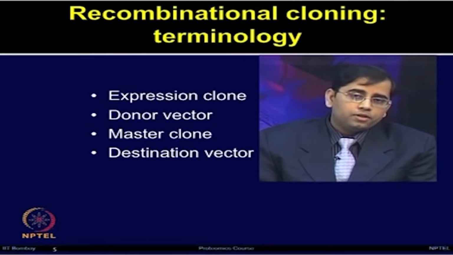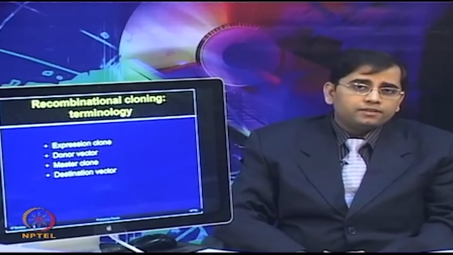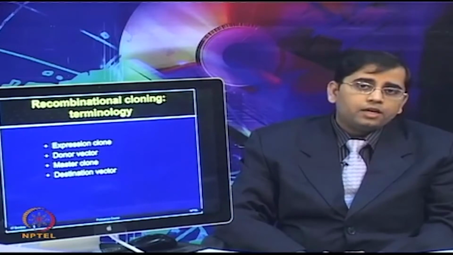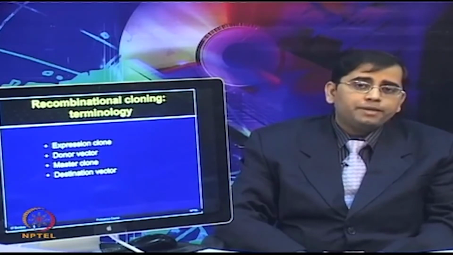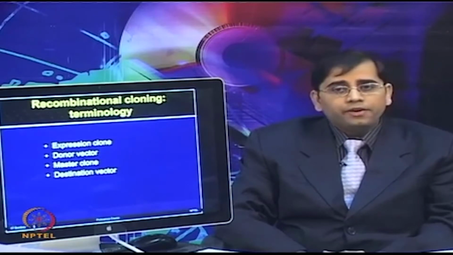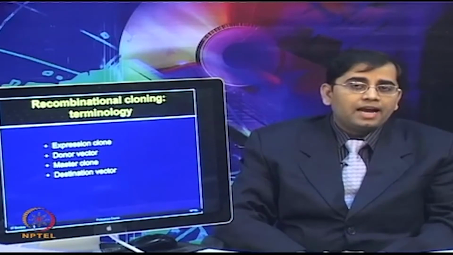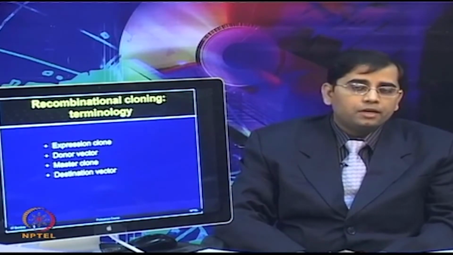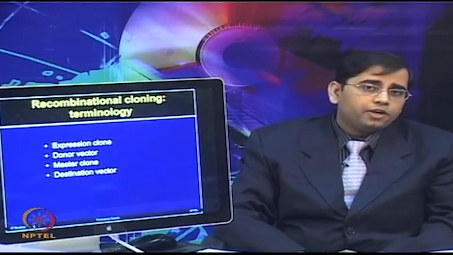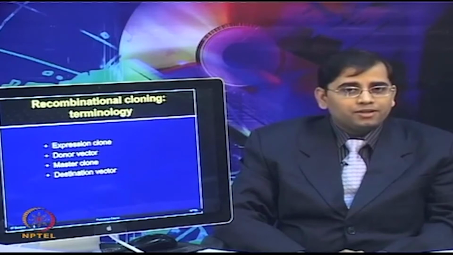Now, let us talk about the donor vector. The donor vector consists of a counter-selectable gene which is flanked by att P sites, which recombines with the gene of interest flanked by att B sites in the BP reaction to produce a master or entry clone. What is the BP reaction? What is a master or entry clone?